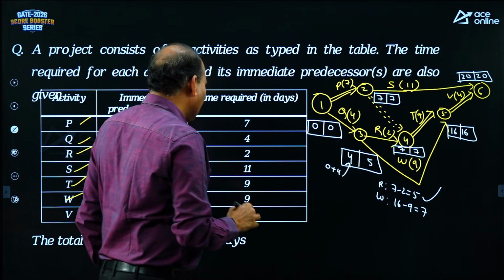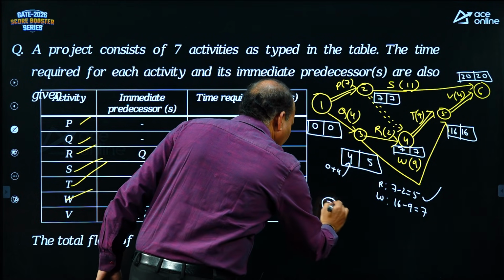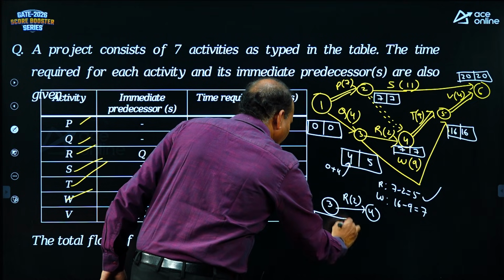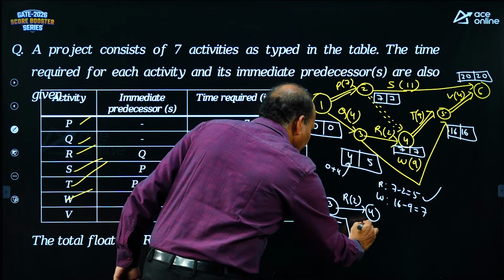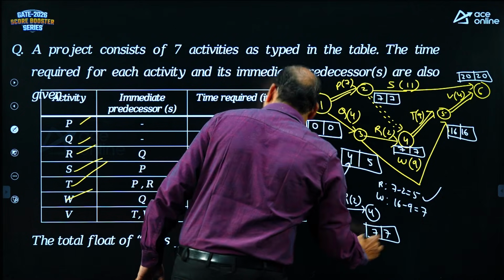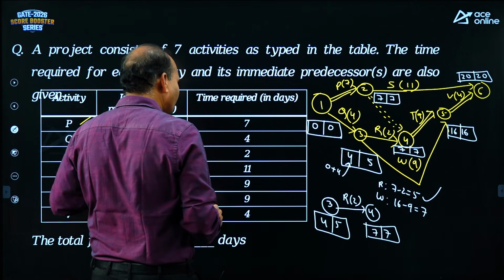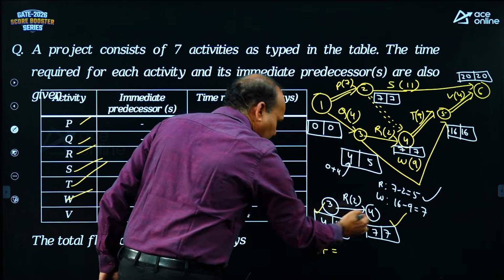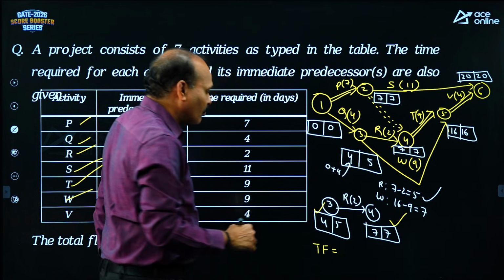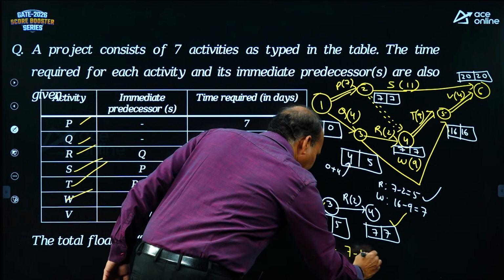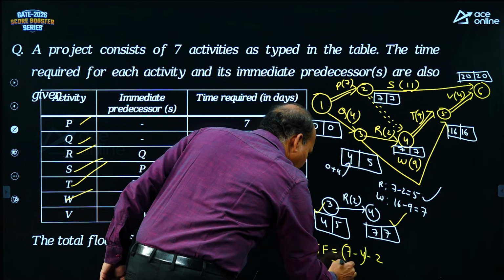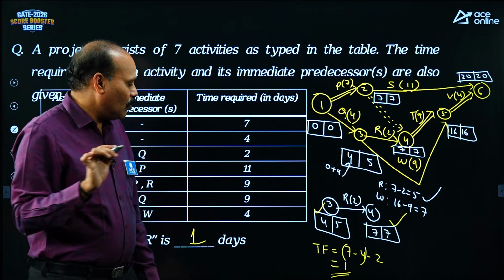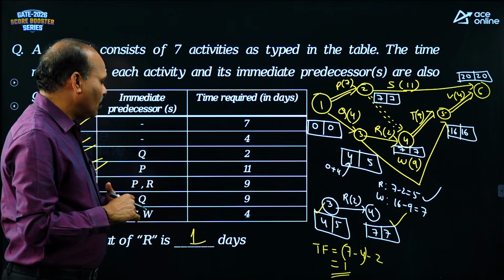For R, the values are 4, 5, 7, 7. Total float is equal to LFT minus EST, that is LJ minus EI. 7 minus 4 minus 2, 1. How much is it? 1 day. Total float for activity R is equal to 1 day.